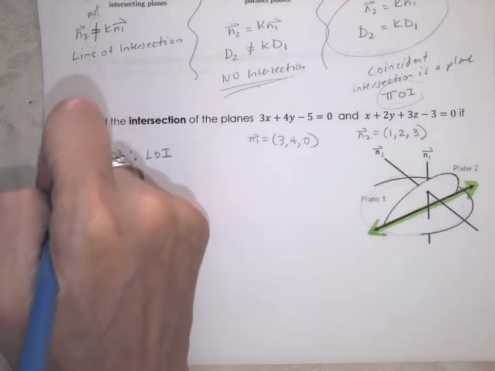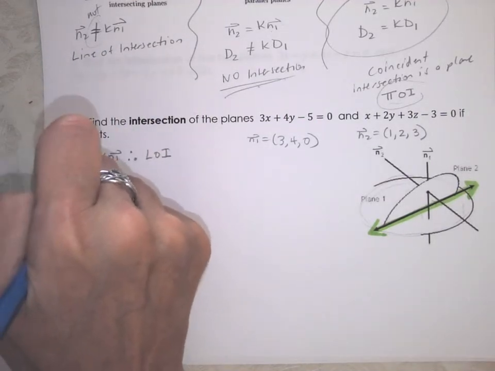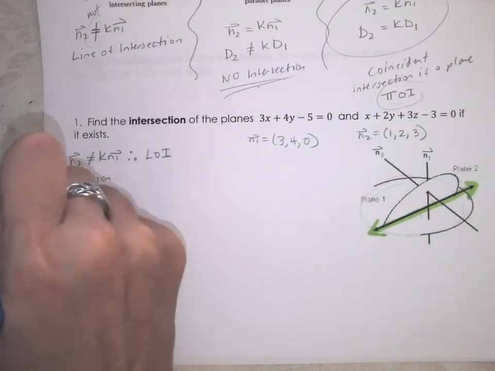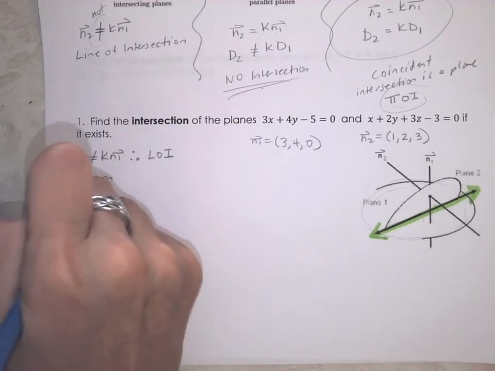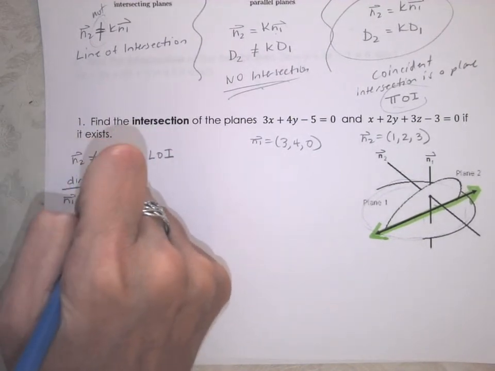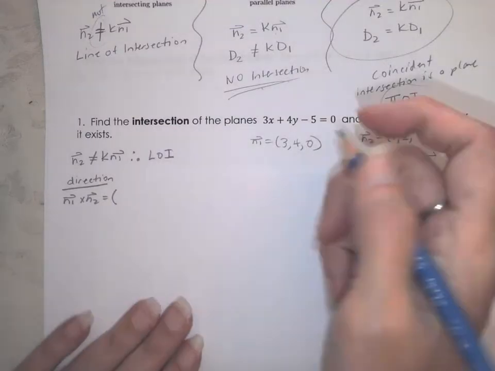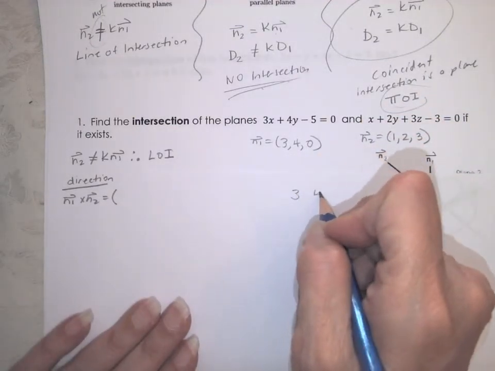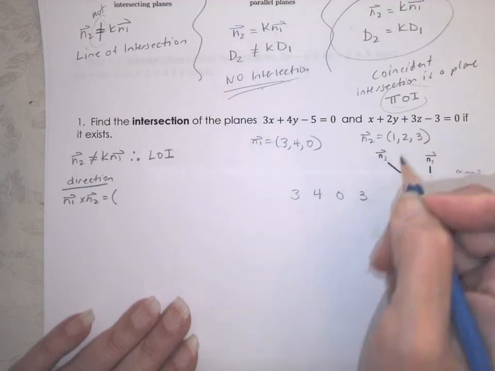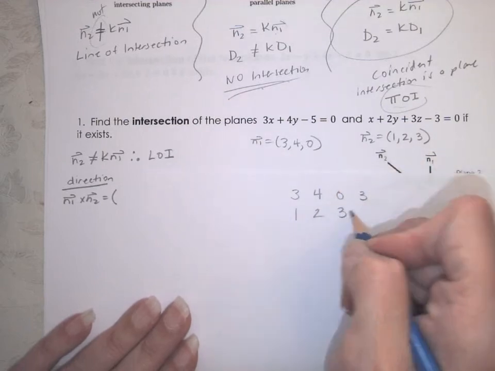So the first thing I want to find is the direction of the line of intersection. I'm going to find the cross product of the normals, and I can do that on a scrap piece of paper. Here's my first normal, 3, 4, 0, repeat the 3, and my second one below it.